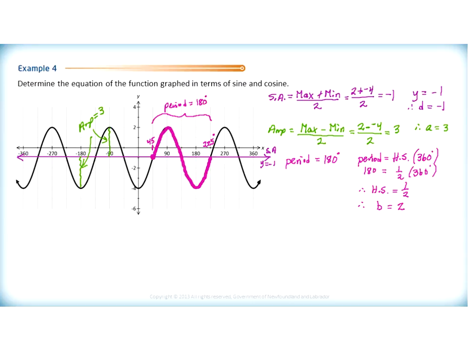So now we'll first of all come up with the equation in terms of sine. So we're looking at y equals a multiplied by the sine of b times x minus c plus d. The values of a, b, and d will remain the same no matter which function we write the equation in terms of.